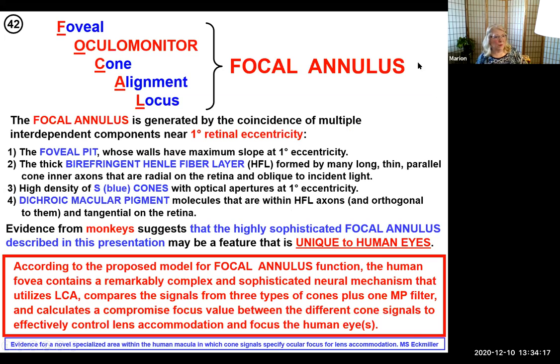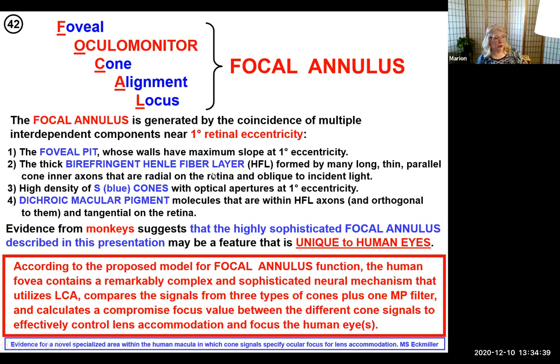So we have described the foveal oculomotor cone alignment locus, or focal annulus. It is generated by the coincidence of multiple interdependent components near 1 degree retinal eccentricity. There's the foveal pit, whose walls have maximal slope at 1 degree.